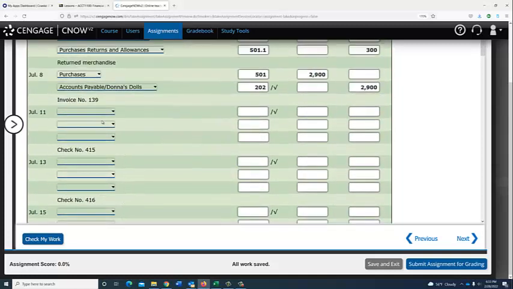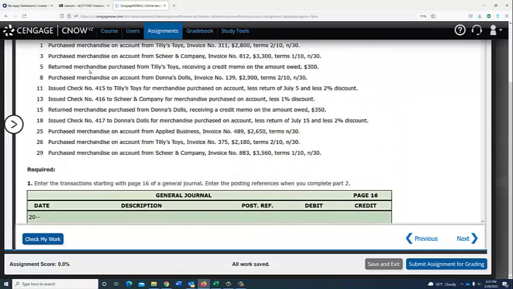Okay, on the 11th, let's see. Issued check to Tilly's Toys for merchandise purchased on account, less the return and less the discount. Now sometimes the statement will not tell you to subtract out the return or the discount. You'll have to know.